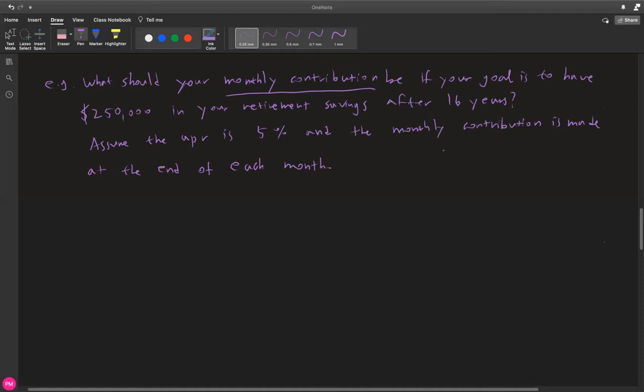So since this is a monthly contribution, we need to use the monthly contribution formula. So the monthly contribution formula is given as such: 1 plus R divided by 12, and you exponentiate by T, minus 1, and you divide by the monthly rate.